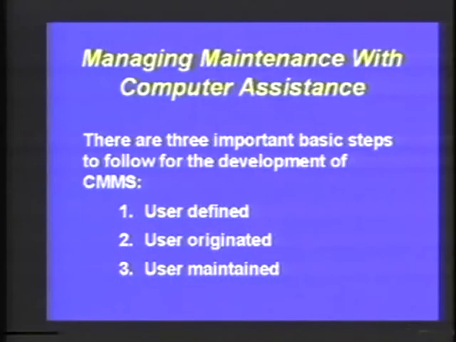Now, the third application is what I refer to as user-maintained, and this is very critical relative to the maintenance of the entire CMMS program. First of all, we're going to address what we call a new item notice, or some people refer to it as a new part notice system.